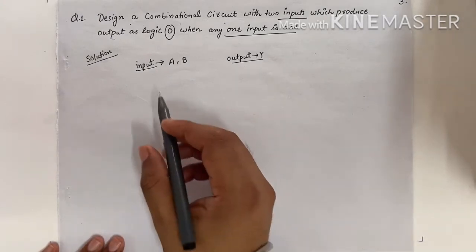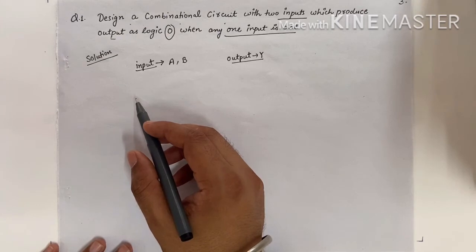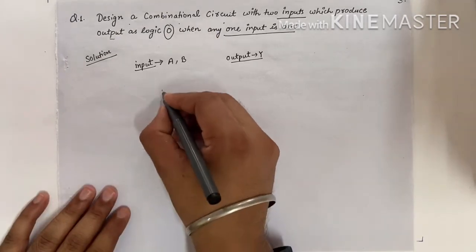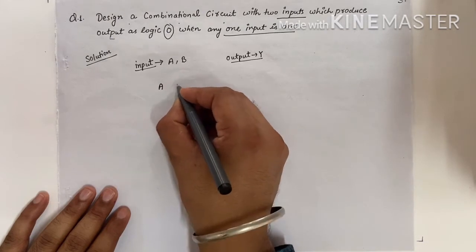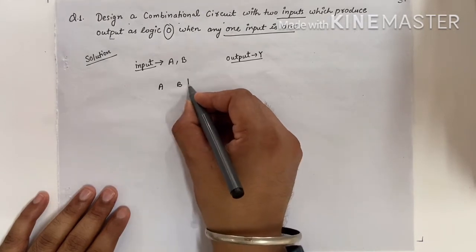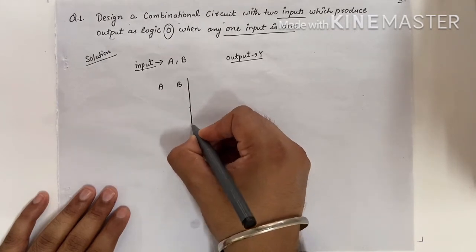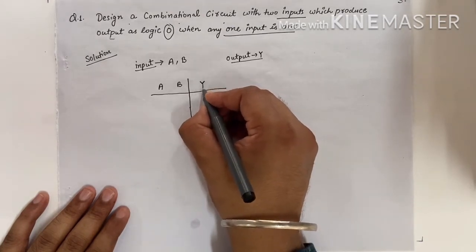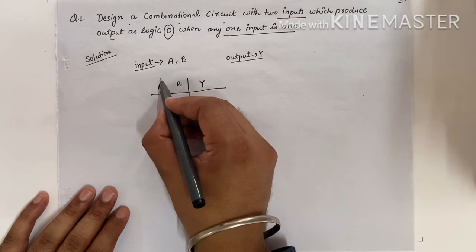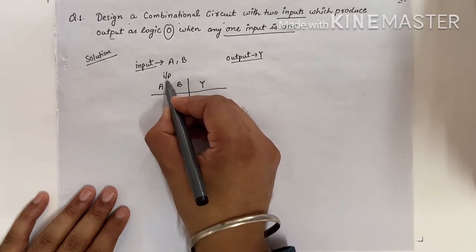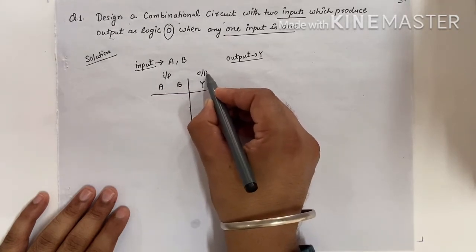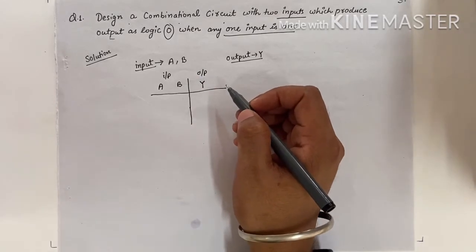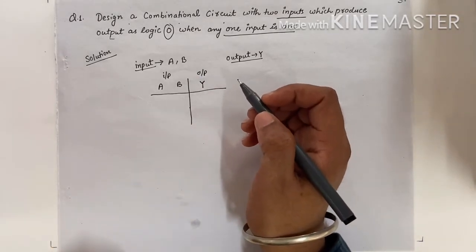Okay. Now after assigning the input and output, we have to make a truth table. Suppose we write inputs A comma B here. In tabular form we make a truth table, and here we write the output. This is the input and this is the output. In the truth table, we have to write all the possibilities of two inputs.